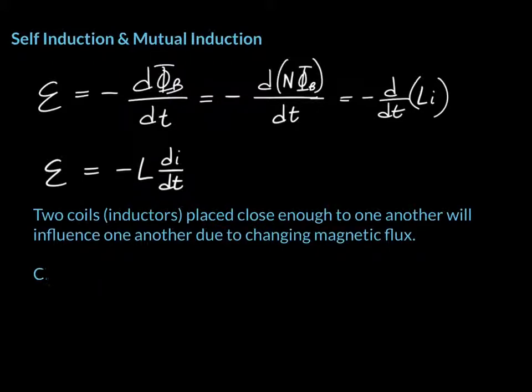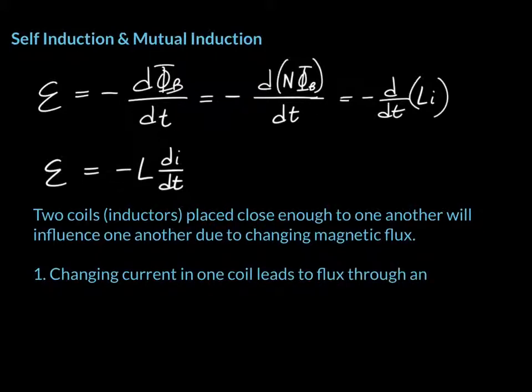So changing current in one coil leads to flux through another coil, and that means that current will flow and a voltage is induced there.